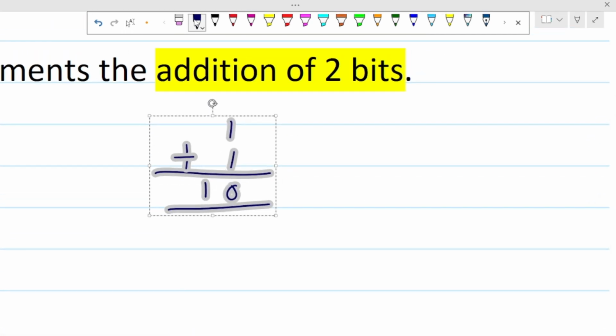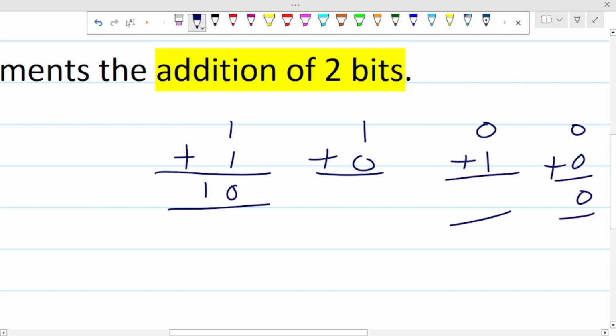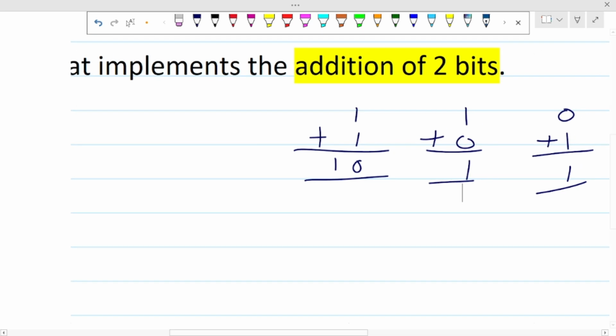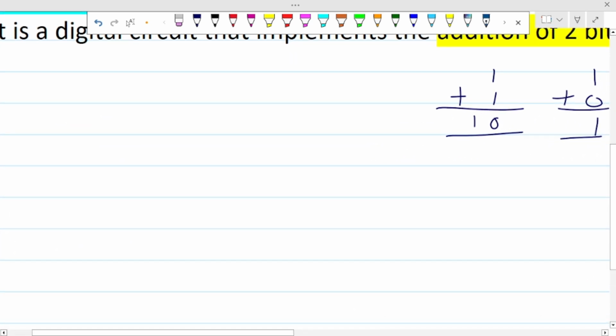We can have addition of 1 0, addition of 0 1, or even 0 0, and of course that will be 0. This will be 1, and this will be 1. Whichever one. From our truth table, we'll be able to derive the logic circuit of the half adder.